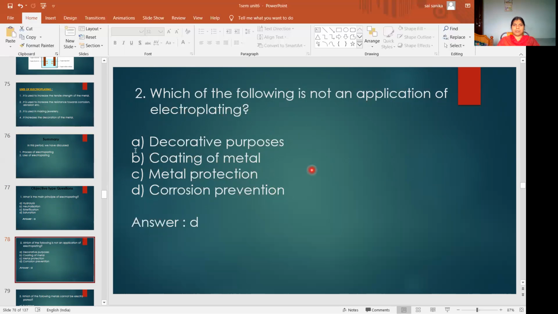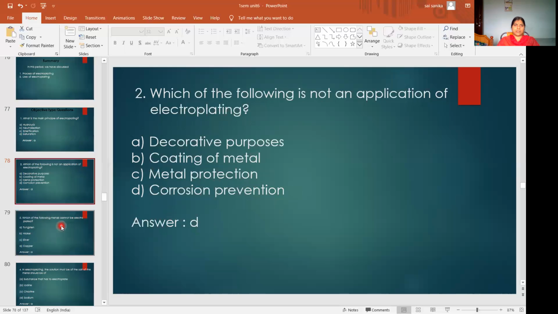Among these, which is not an application of electroplating? Decoration purpose, coating of metal, metal protection, yes. But corrosion, this electroplating will not totally prevent corrosion, it will just resist it. So the answer is D. Prevention of corrosion is not an application of electroplating.